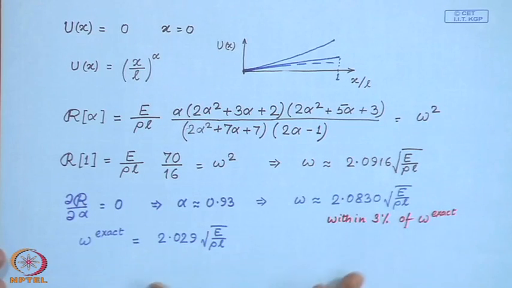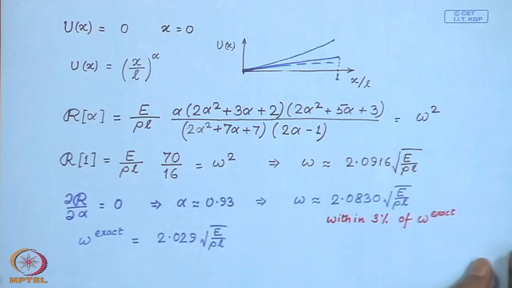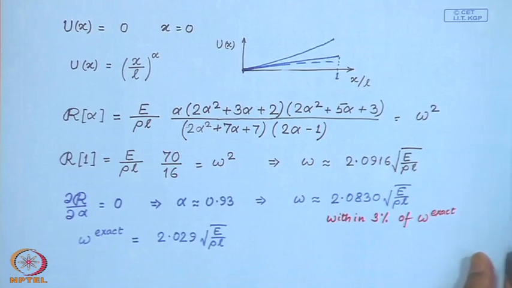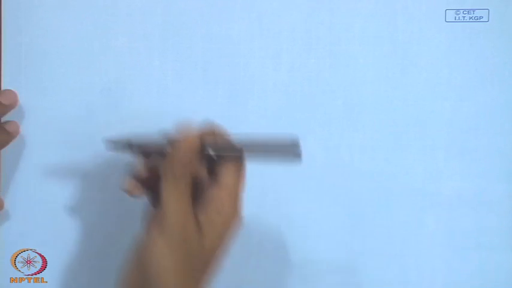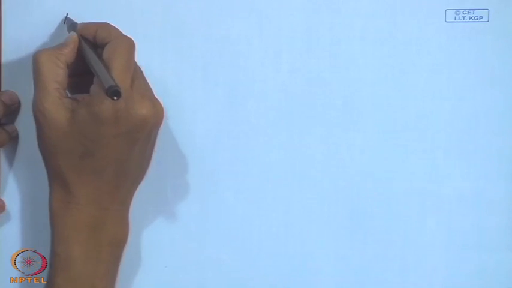Now, here using the Rayleigh method we have estimated the fundamental frequency. Now, can we go on to find out the higher frequencies? That is possible using what is known as the Rayleigh-Ritz method.